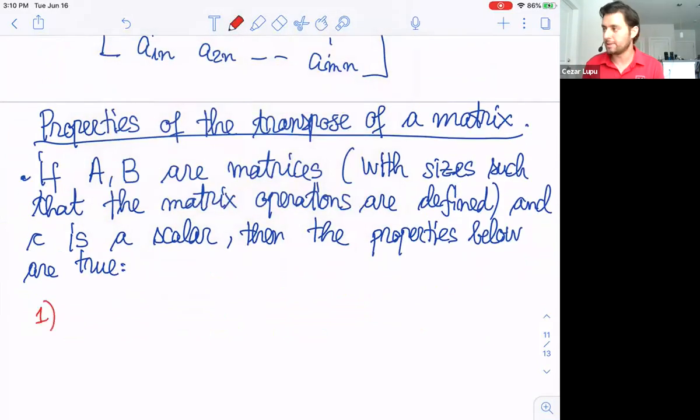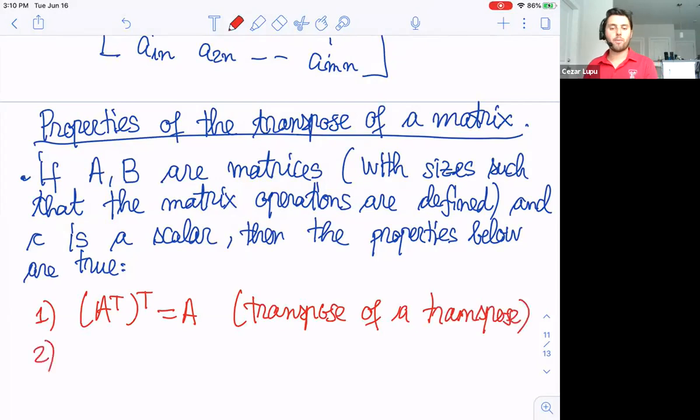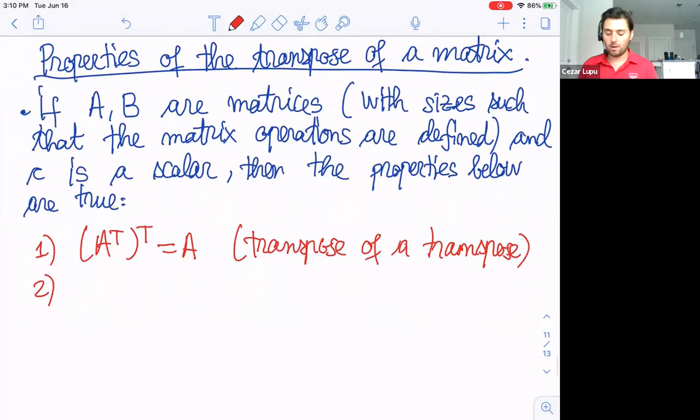The first one is, if we transpose twice, we go back to the initial matrix. So this is what we call the transpose of A transpose. The second property: if I add two matrices and then I transpose them, this will be easy.